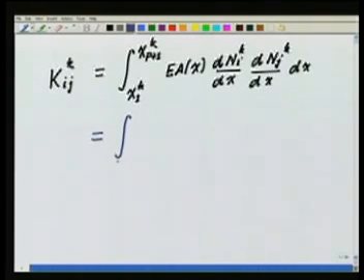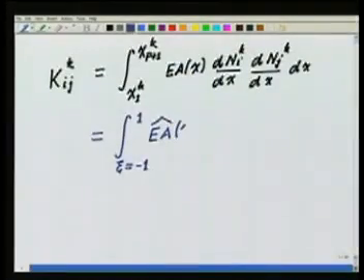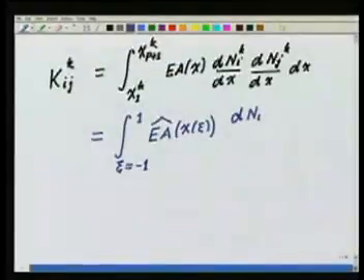Obviously when I transform, the transformation will take us from -1 to +1 instead of x1 of k to xp plus 1 k. So the integration domain will be from -1 to +1 all the time. EA will be replaced by EA hat, which is a function of psi. d ni k dx will be replaced by d ni hat d psi into d psi dx.